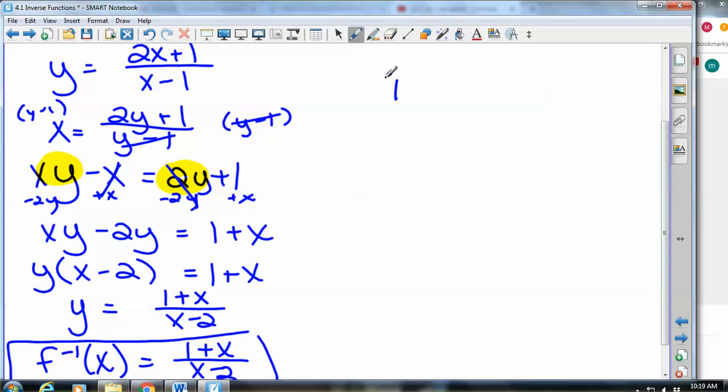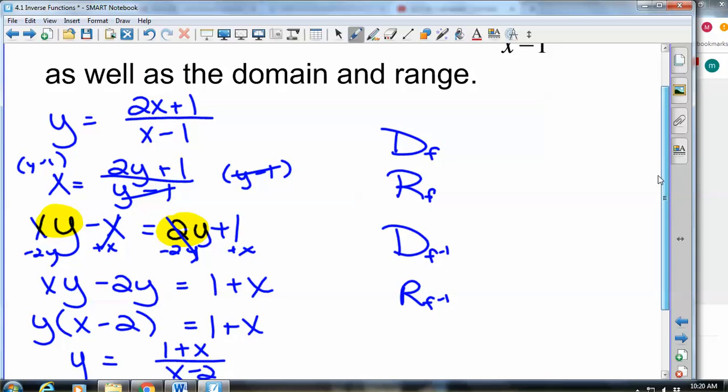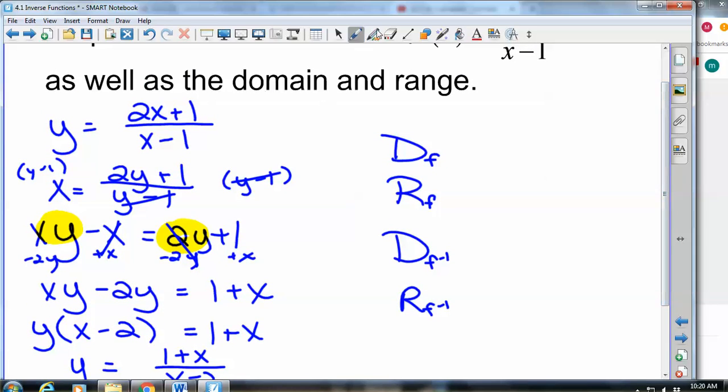This one asked for domain and range. So we need to do domain and range for both functions. So I'm going to put d with a little f to mean domain of f, and I'm going to do the inverse. For the domain of the function, let's look at our original. It was a fraction. If you have a fraction, what do you know? The bottom can't be 0. What would make the bottom 0? 1.